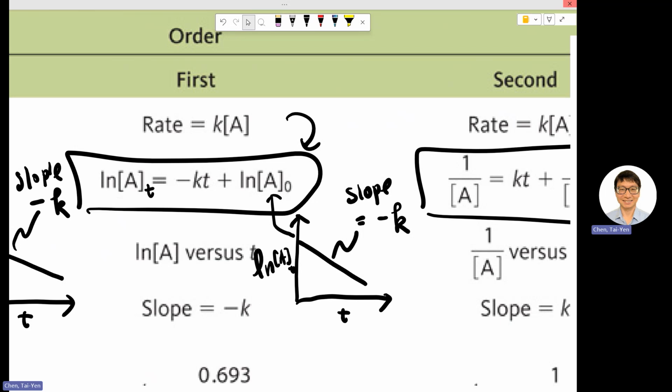It's going to give you an exponential. But if you plot out natural log of A versus time, again, you go back to this linear relationship. So from the shape, depending on the y quantity you plot out versus time, it can inform you what reaction order you're going to have.